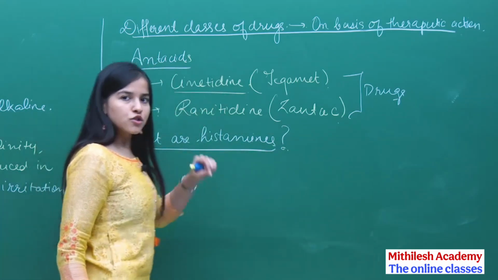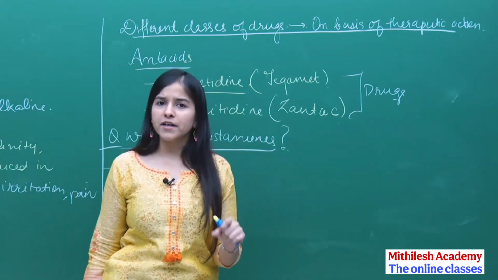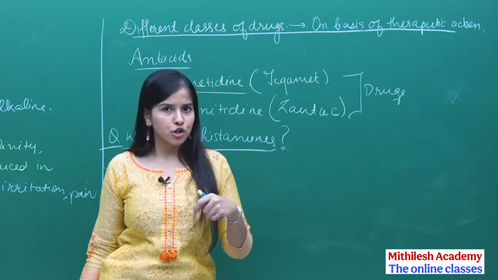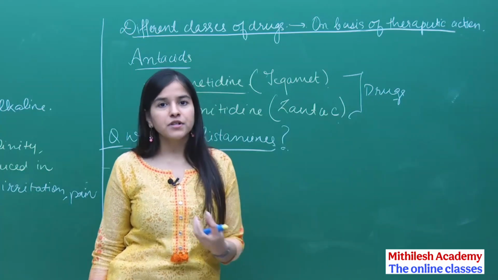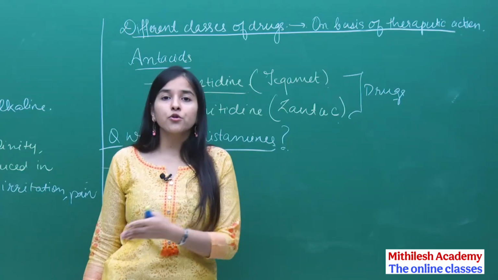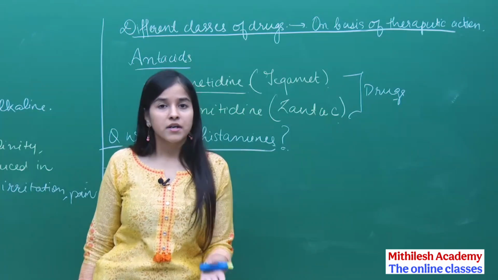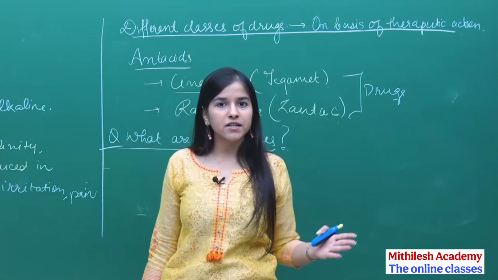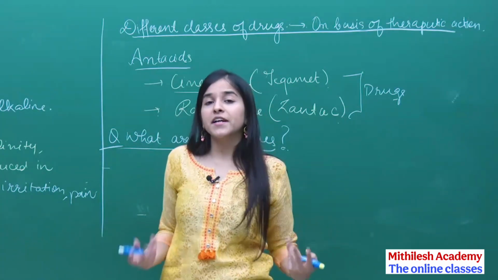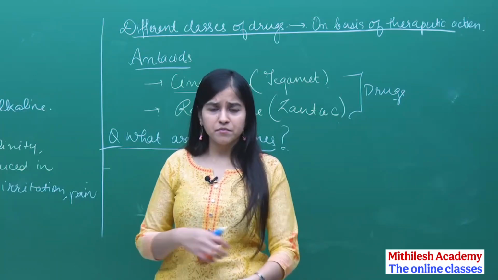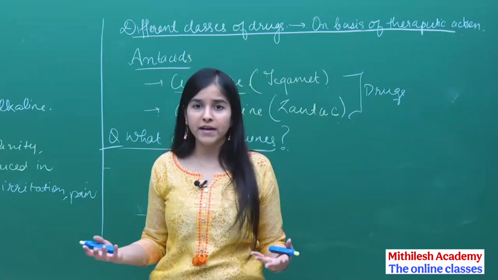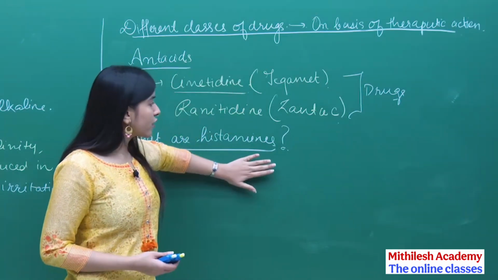Basically, you must have observed that some of you might have an allergy to dust. You start immediately coughing, you start immediately sneezing, or you might have an allergy to pollen. Some people might have allergies to some medicines. They may develop certain side effects, maybe rashes, maybe inflammation. So what are histamines?